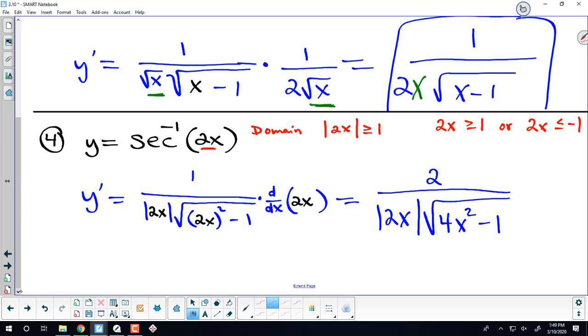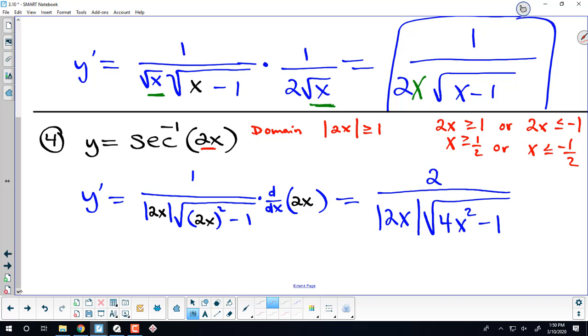And so what we have here is this scenario: all of this stuff and all of this stuff. So this is the one where you have disjoint intervals. So anyways, 2x is greater than or equal to 1, which means x is greater than or equal to a half, or x is smaller than or equal to negative 1/2.